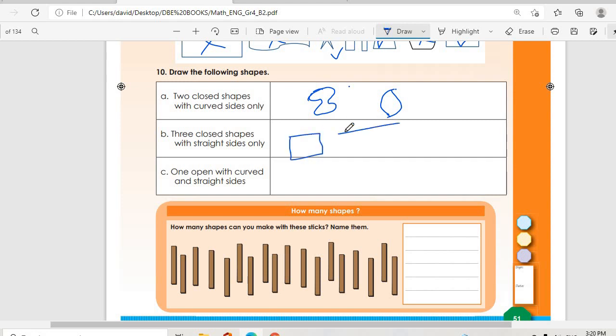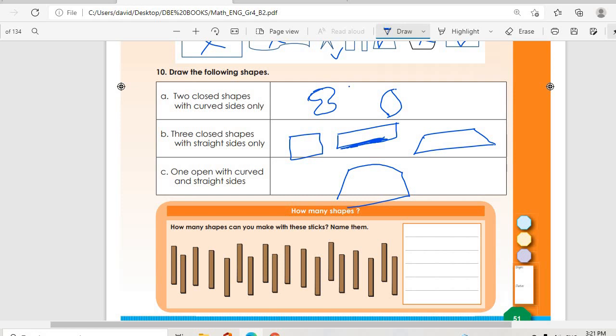Maybe a square or a rectangle, then maybe a trapezium. One open shape with curved sides and a straight side. So maybe we can draw a shape like that. Here it is open.